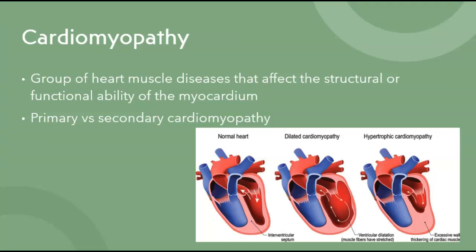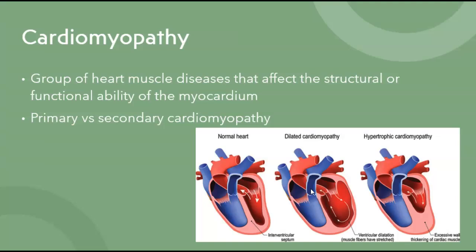Primary cardiomyopathy is when the cause is unknown. So you have your dilated cardiomyopathy, which is the ventricular dilation, which is going to be your most common. There's a picture of that, and that's going to be the middle one. So you've got your left ventricle is dilated, or your ventricle is dilated.